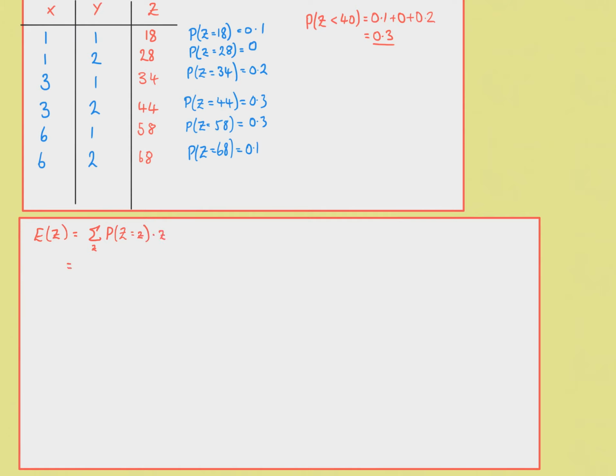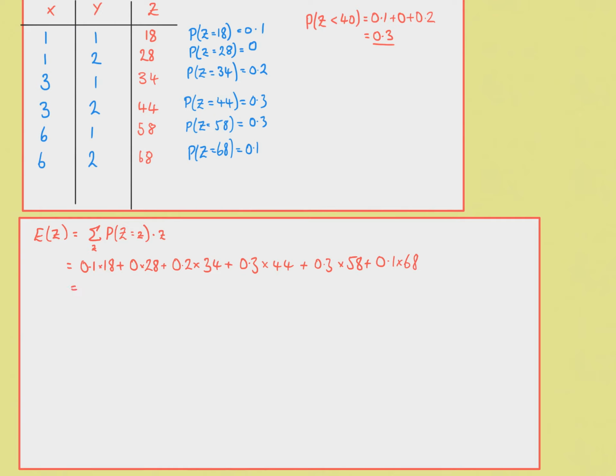So in this case, this is equal to 0.1, the probability that z is equal to 18, times by 18, plus 0 times by 28, plus 0.2 times by 34, plus 0.3 times by 44, plus 0.3 times by 58, plus 0.1 times by 68.